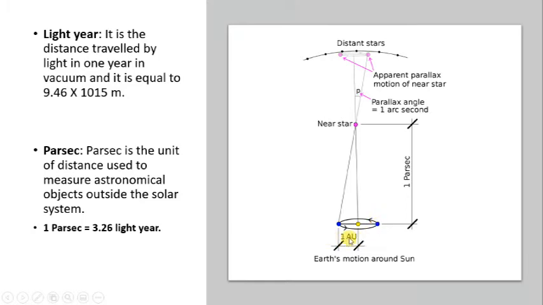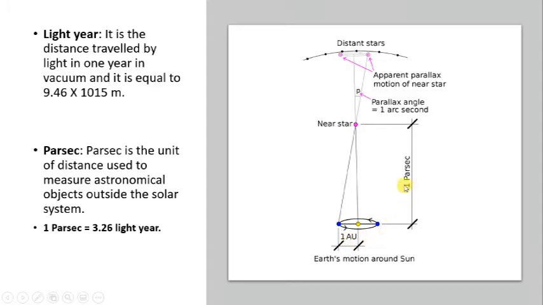So this is 1 AU. See, this is the center of the earth and this is the center of the sun. So the mean distance, average distance between the center of the sun from the center of the earth gives us 1 astronomical unit, capital A, capital U.